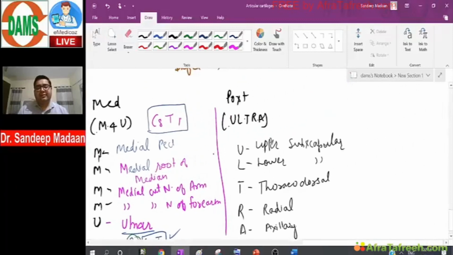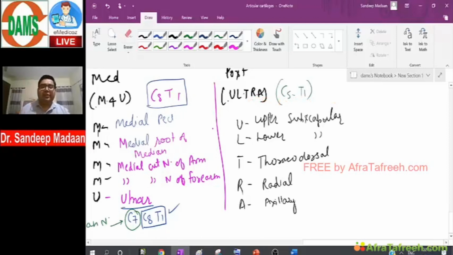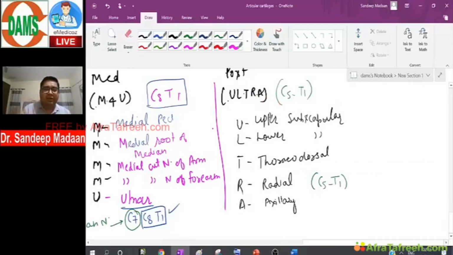Okay. What about the posterior cord? Root value is C5 to T1. But although the posterior cord root value is C5 to T1, only the radial nerve has this root value. All the other nerves have different root values. These two are having C5 and C6.